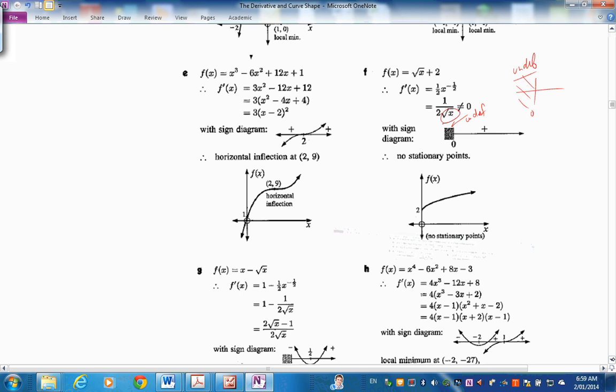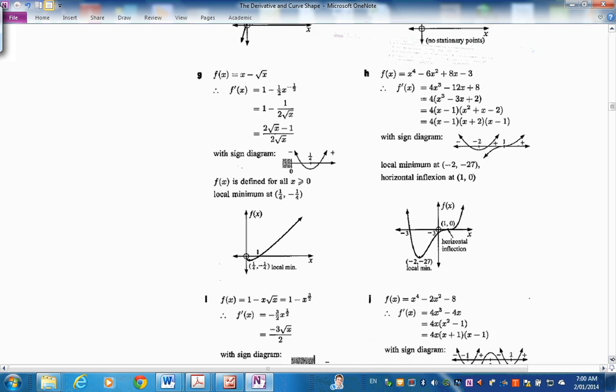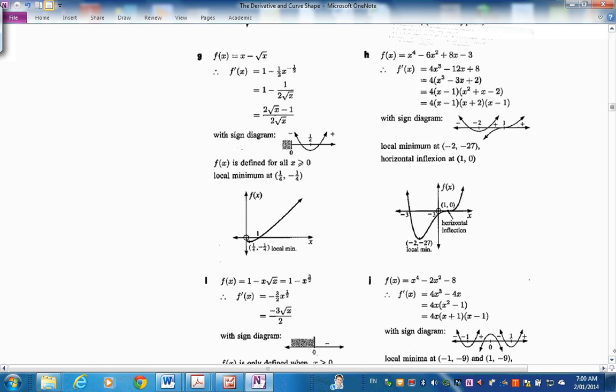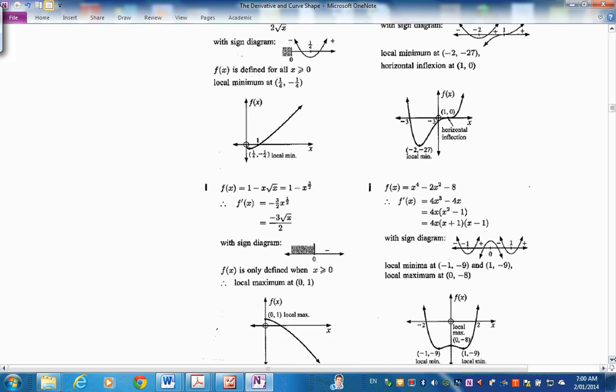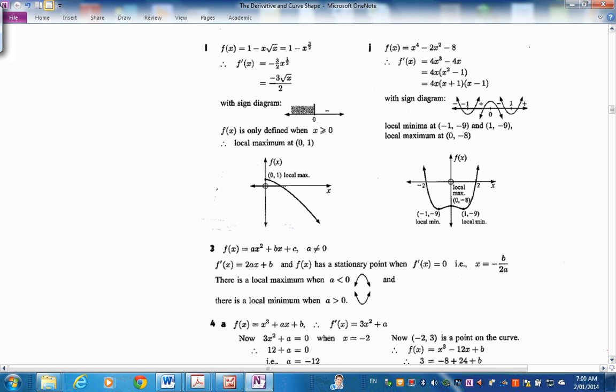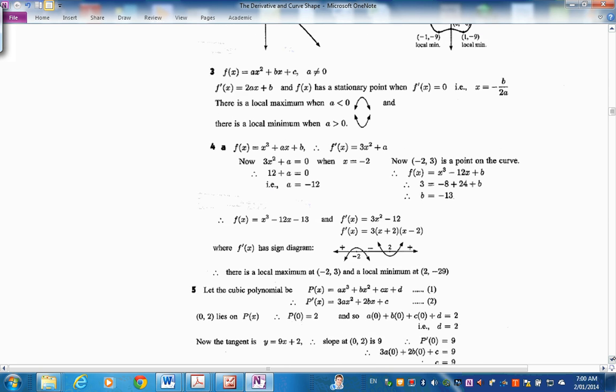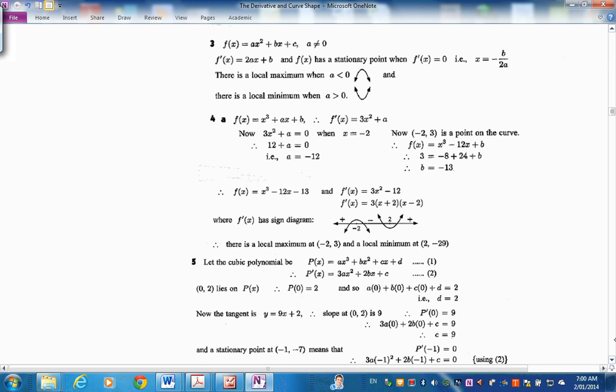Okay, let's do G and H. And I and J. And some of the trickier pieces here. Question 3 and 4.